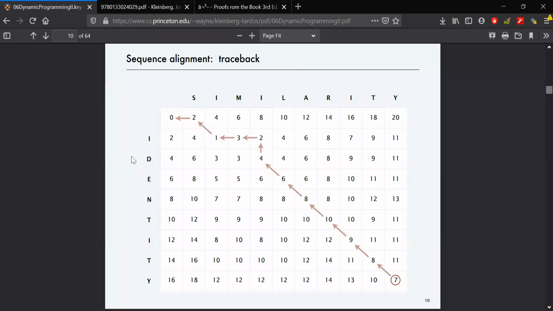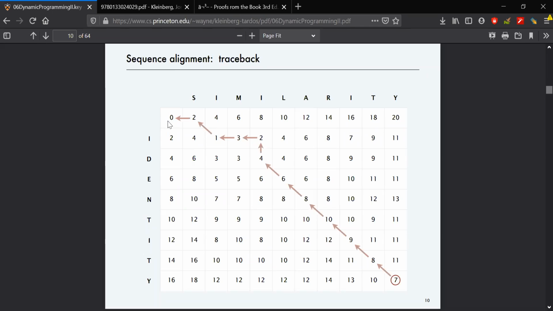Also let me tell you what is going to be the entry in each of these cells. The entry here is opt ij. This is an n cross n matrix indexed by the length of the strings. So each entry is going to be opt ij.